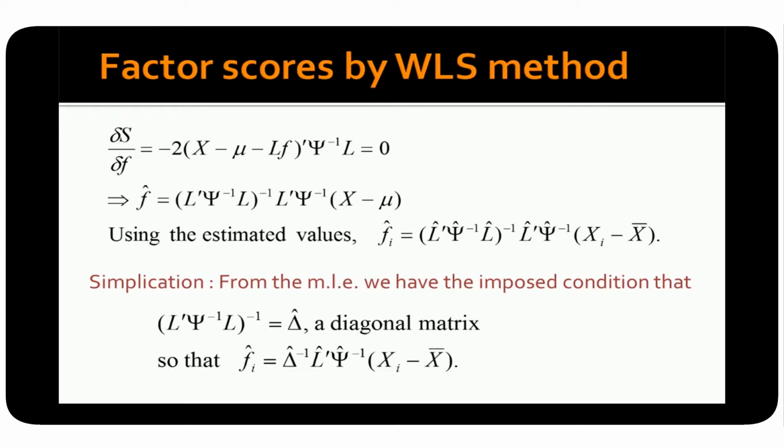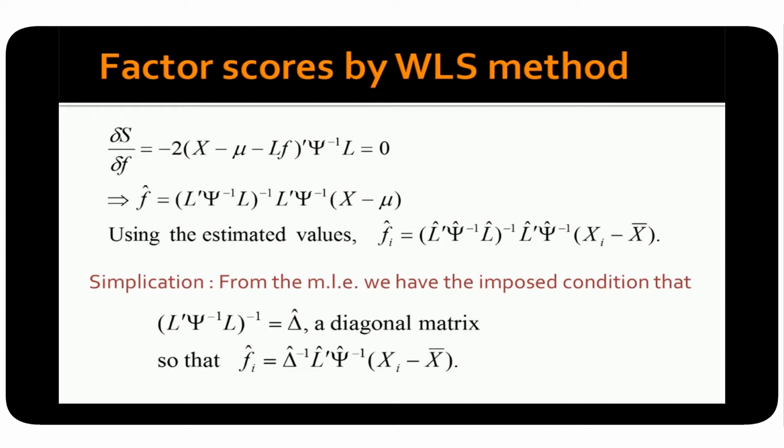So, given that we have already estimated L, mu and psi, our predicted factor score for a given individual with characteristics xi would be fi hat is equal to (L hat prime psi hat inverse L hat) inverse L hat prime psi hat inverse (xi minus x bar).